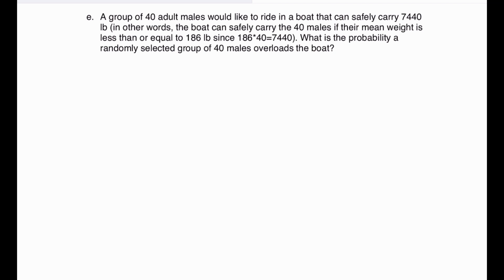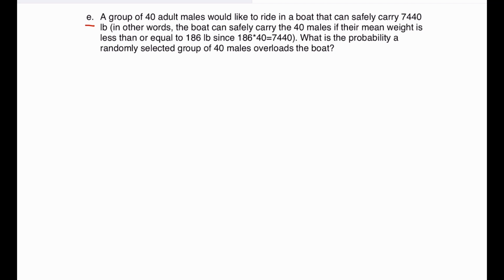Okay, so here is the last example I want to do, part E. So we have a group of 40 adult males who would like to ride in a boat that can safely carry 7,440 pounds. In other words, the boat can safely carry the 40 males if their mean weight is less than or equal to 186 pounds.